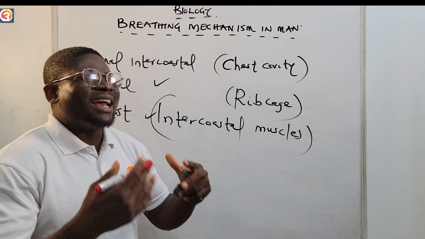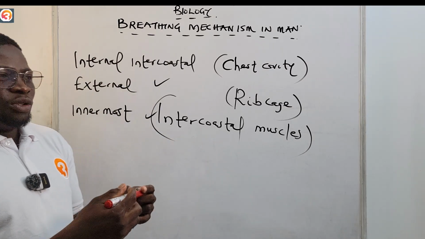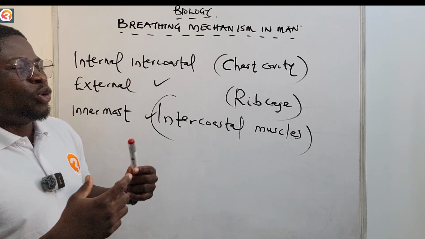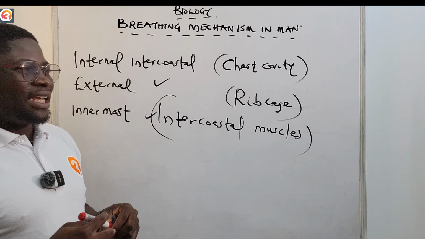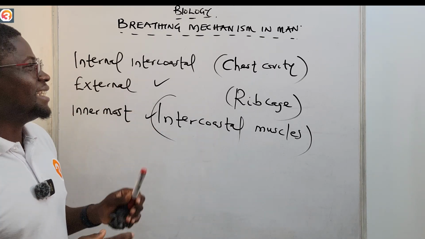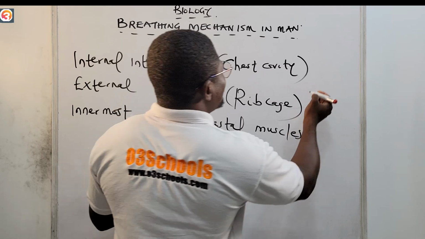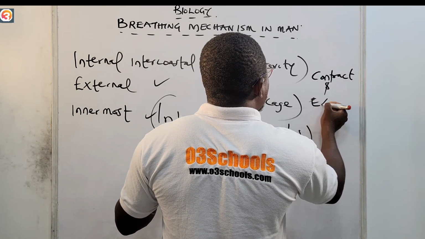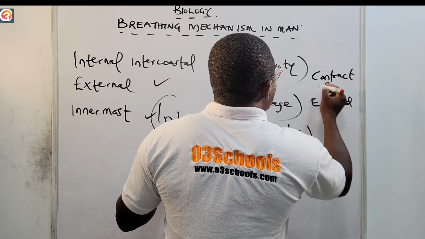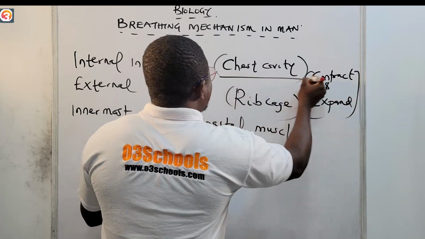They play a very important role during breathing by helping to contract and expand the chest cavity. The function of these intercostal muscles is to contract and expand this chest cavity.